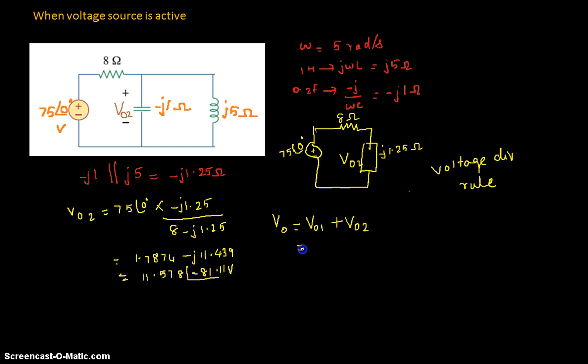So when we write it, V01 is 3.151 cosine 10t minus 86.23 degree, plus our V02, which is 11.578 sine 5t minus 81.11 degree. So this is the total voltage across our capacitor.